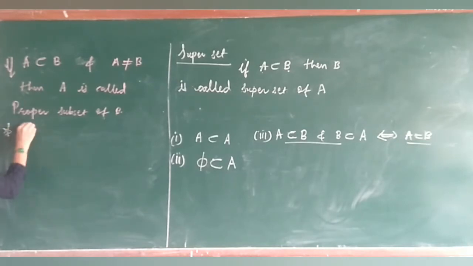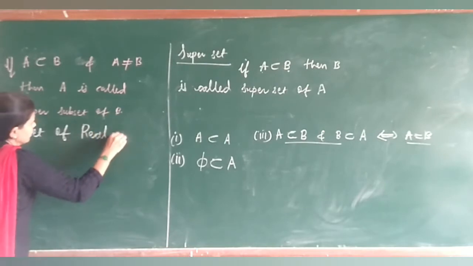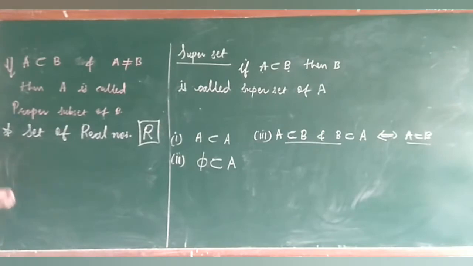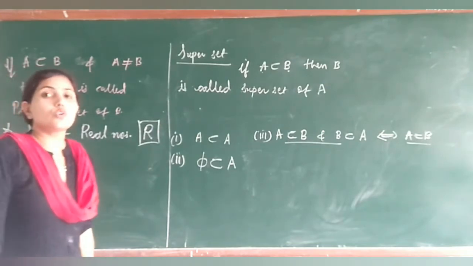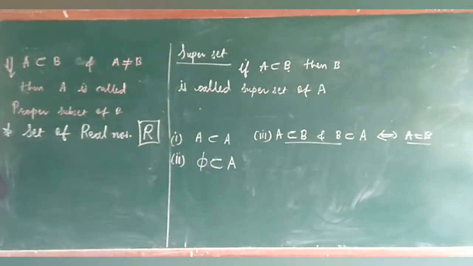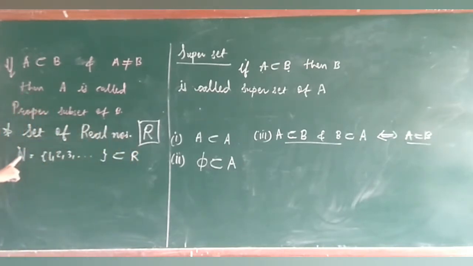Let's consider the set of real numbers, that is R. Okay, we know the set of real numbers, that is R. So let me see the subsets of R. Then N is {1, 2, 3, up to infinity}. Is N a subset of R? Yes, N is a subset of R because it is the real numbers, so all those sets come in it.